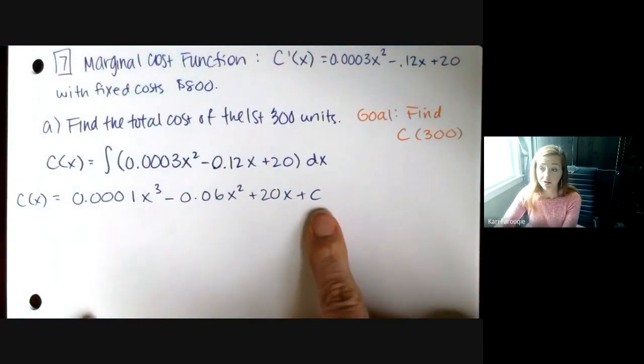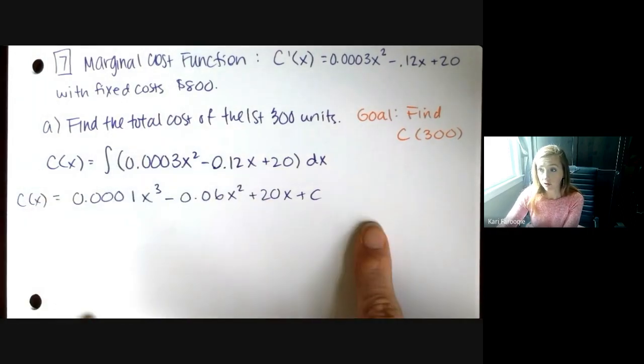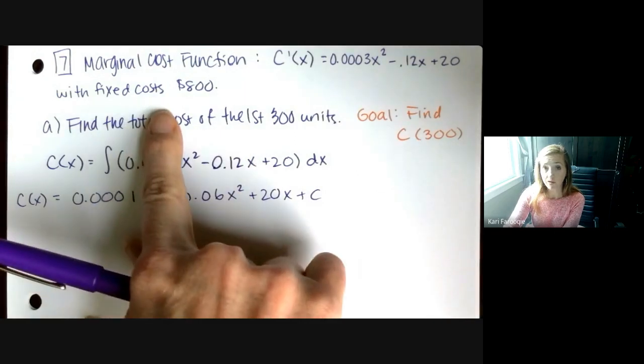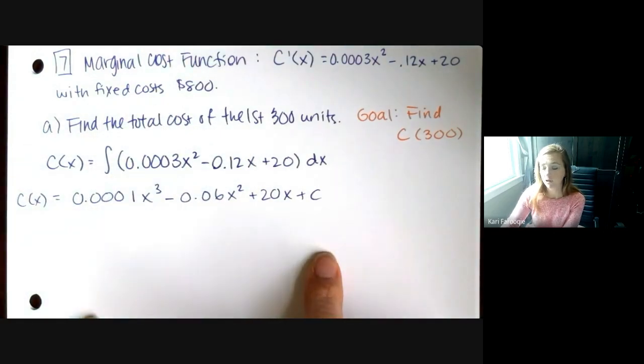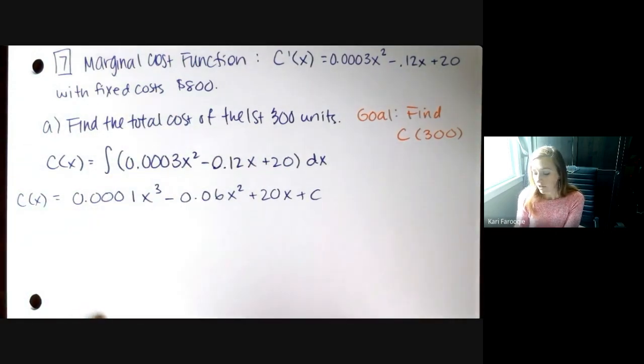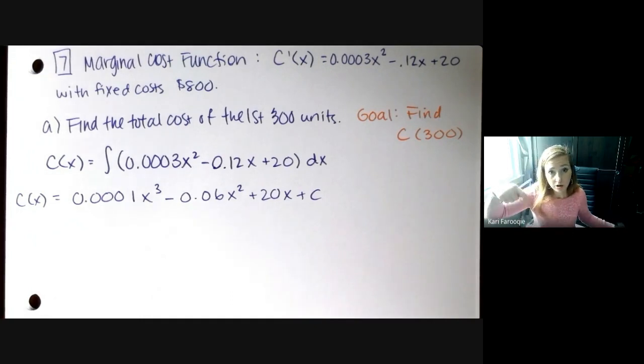I don't know what the C is, so in order to find the total cost function I need to find C. So I'm going to use this idea of the fixed cost to determine what C would have to be. Now, the fixed costs, remember, are costs that you have to pay regardless of how many units you make or sell. For instance, I have to pay the mortgage on this house whether I live here or not. So that's a fixed cost in my life.